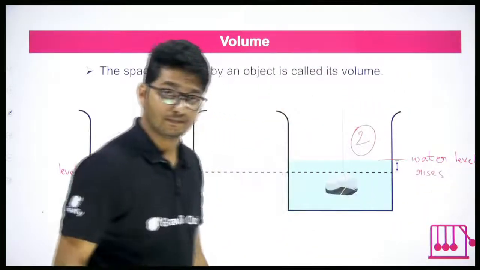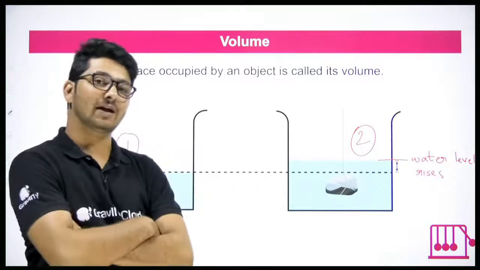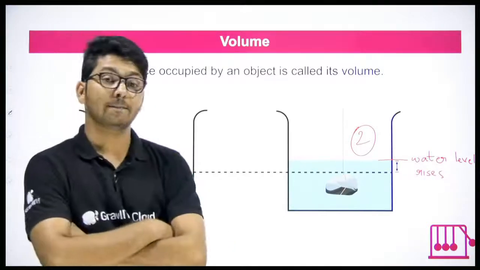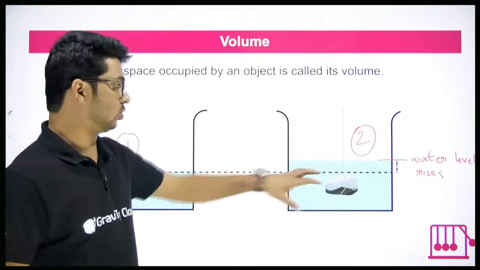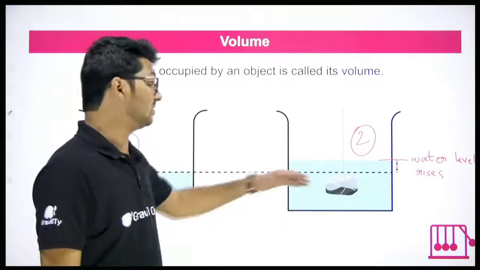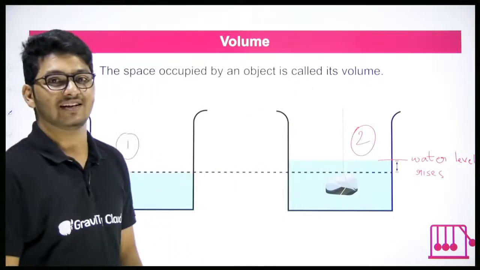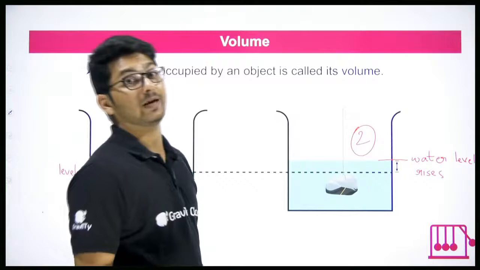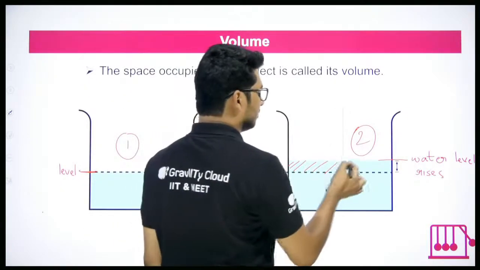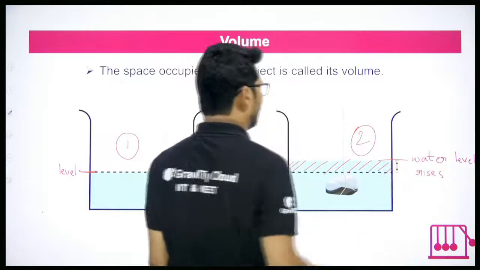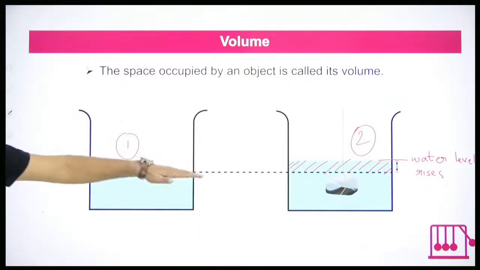Now, why does the level of water rise? That's the question. Can you tell? Yeah, because the stone is occupying space. The stone will occupy some space, and that is the reason the water level rises. In the first case, no stone, only until here.